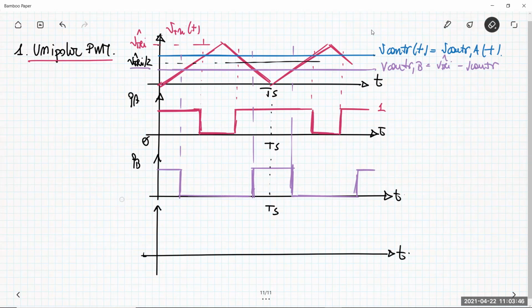V naught is VAN minus VBN. And the VAN instantaneous value is QA VD minus QB VD. So you have to simply multiply by VD the difference between the two unitary switching functions.